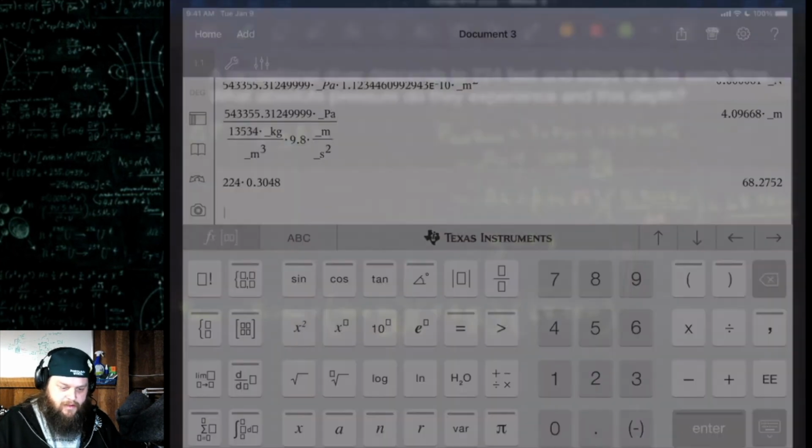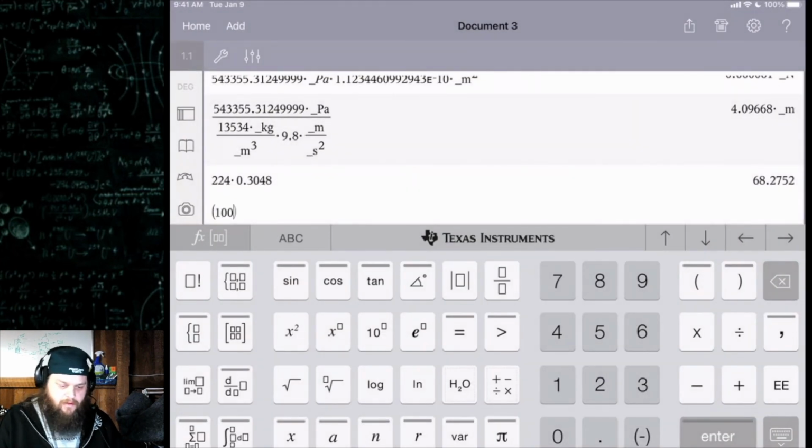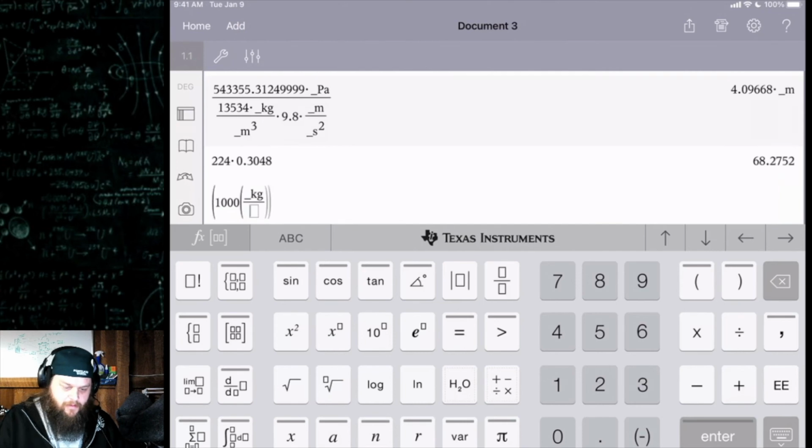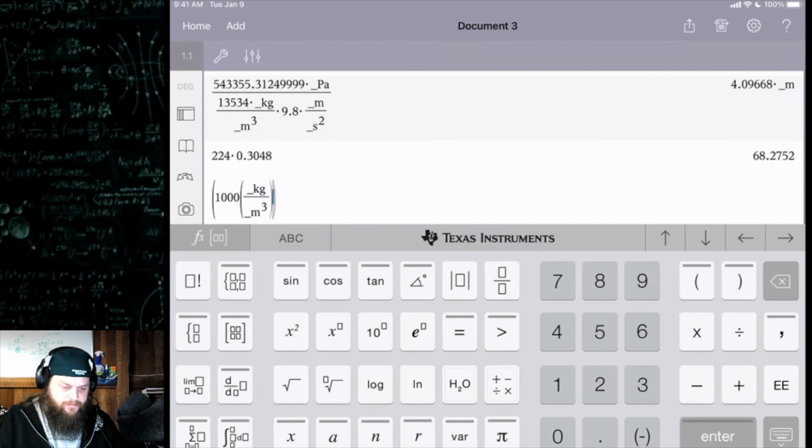All right, let's plug that in. So it was 1,000 kilograms per meters cubed times 9.8 meters per second squared times 68.28 meters.